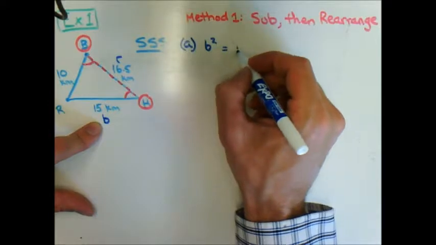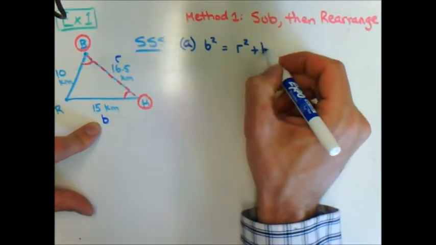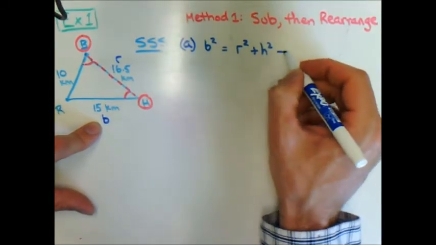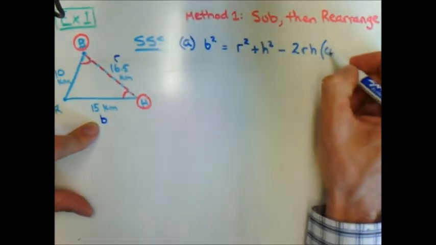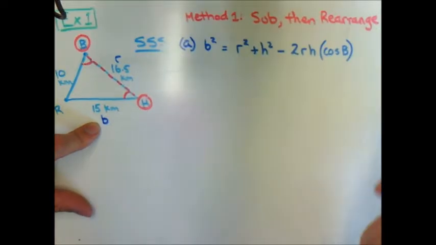So we've got B squared equals the sum of the squares of the other two sides, R squared plus H squared, minus 2RH times the cosine of B.